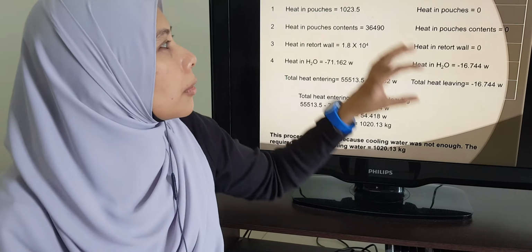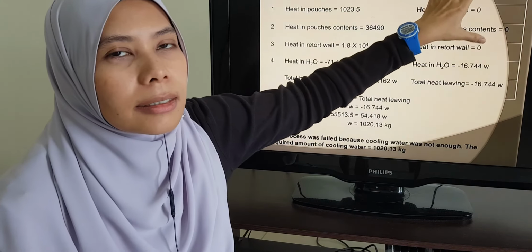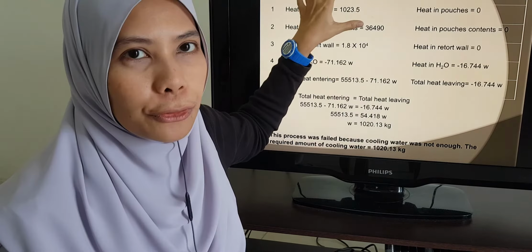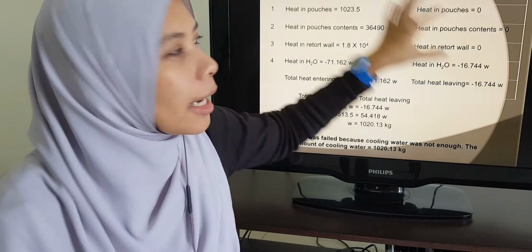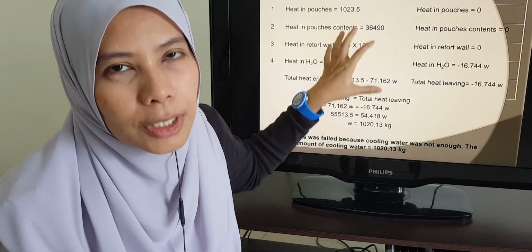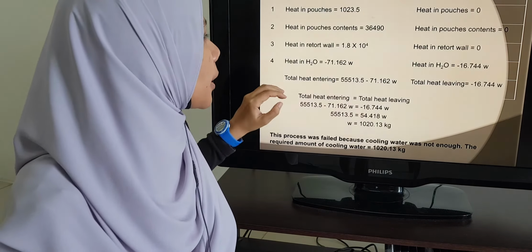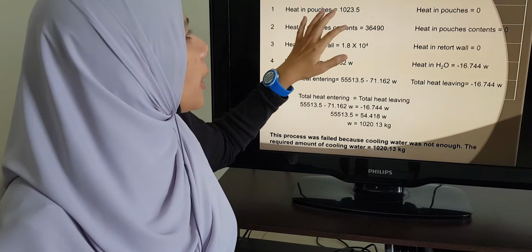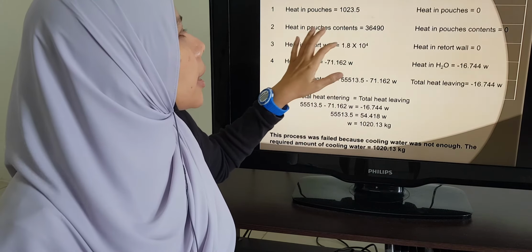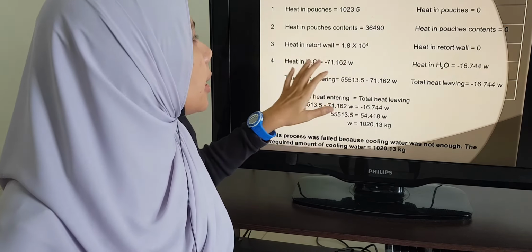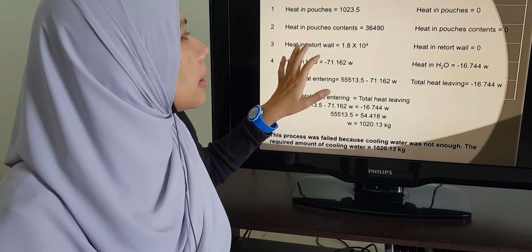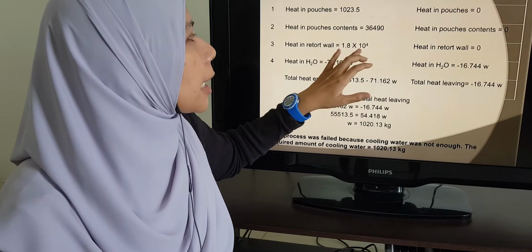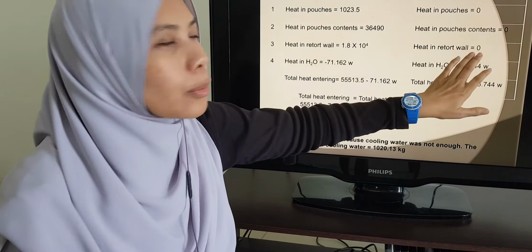I grouped the values for the heat entering as well as the heat leaving the system together to ease your calculation. So here we have heat in the pouch, the beef curry, and the retort wall. This one is being given. Why is this one 1.8 times 10 to the power 4, but this one is 0?